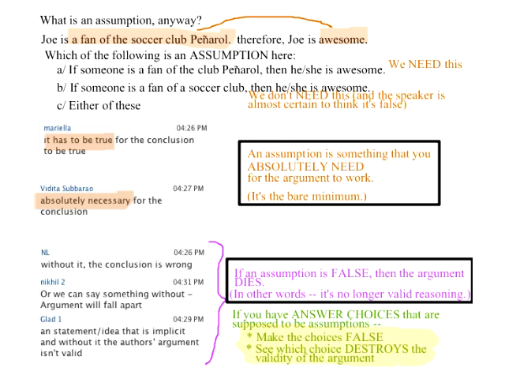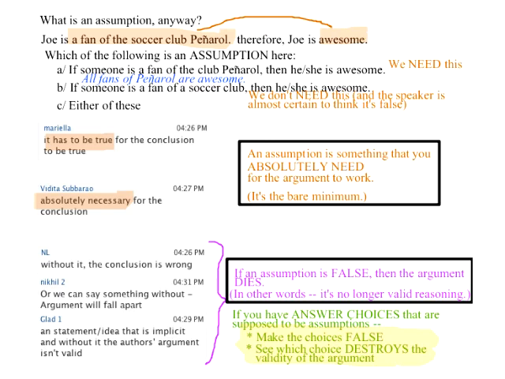But if we make that false, then we get there are fans of Pinnacle who are not awesome. That's not a very strong statement. There could even just be one of those. But even if we have that weak of a statement, it still destroys this argument, because then we can't get from here to here anymore.